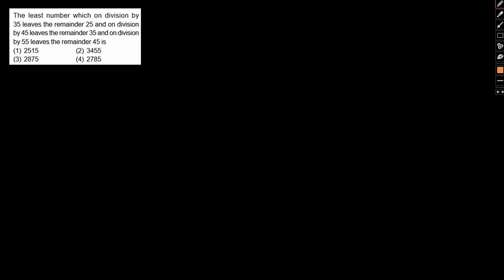Okay, so here let the least number be x. Now when x is divided by 35 we have remainder 25, difference being 10.